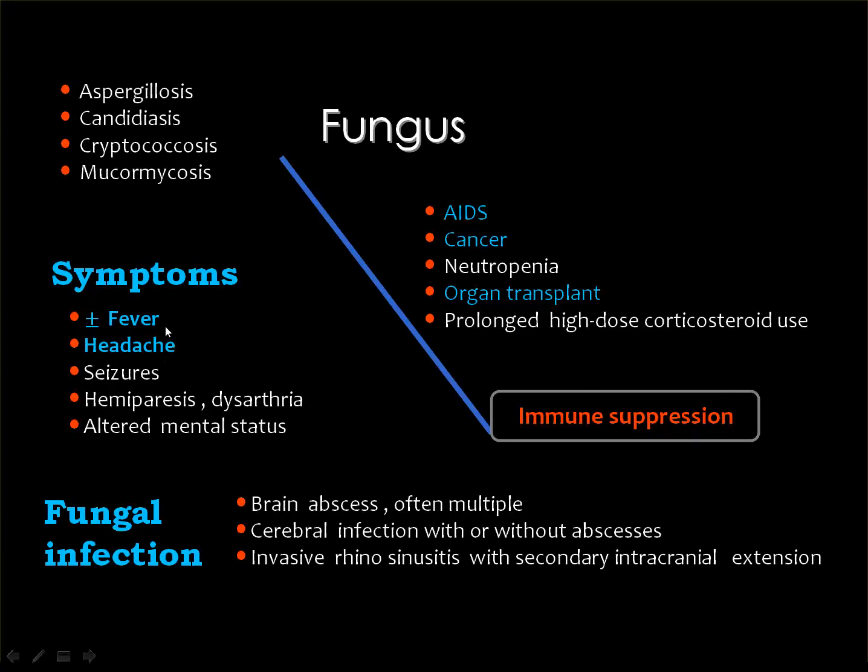Sometimes in fungal infection you get fever, but this is not usually the case. You get headache, seizures, and of course some neurological deficits. Fungus, if it reaches the brain, will result in fungal abscess or abscesses, or infection of the brain parenchyma may occur as patchy, homogeneously enhancing lesions without the formation of abscesses.